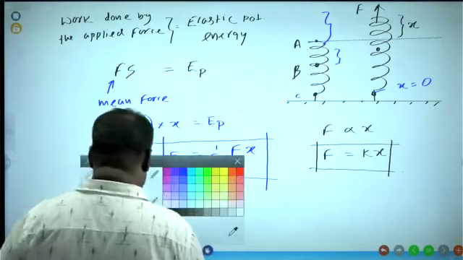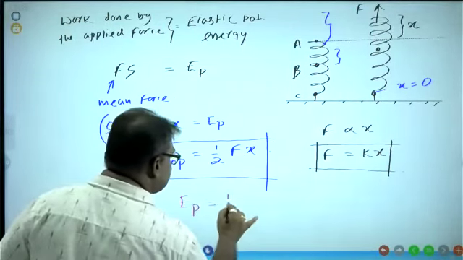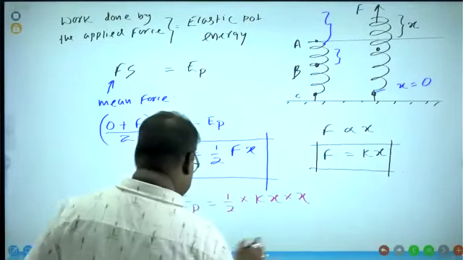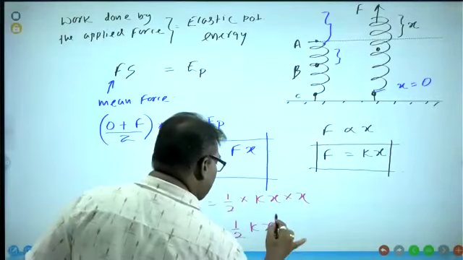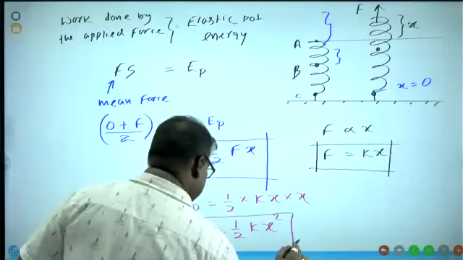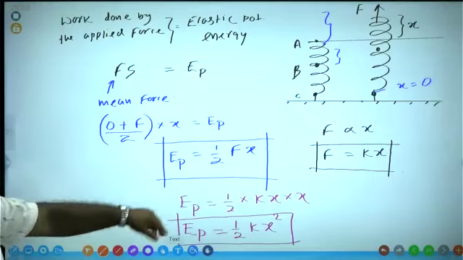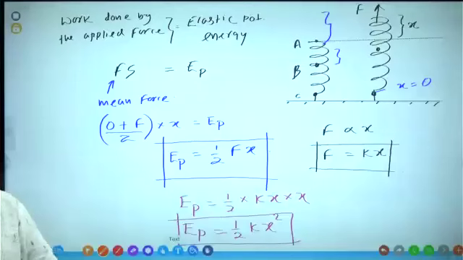Then the elastic potential energy is half into kx into x, so the equation becomes half kx squared. Clear? Here we have the elastic potential energy basic equations, and the corresponding relationship of F and x. Complete this.